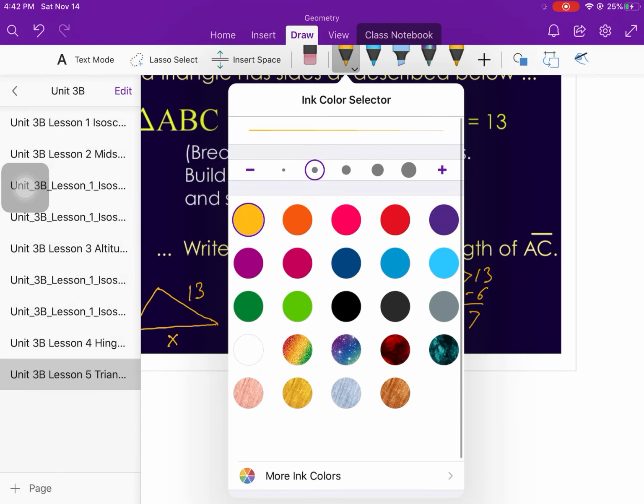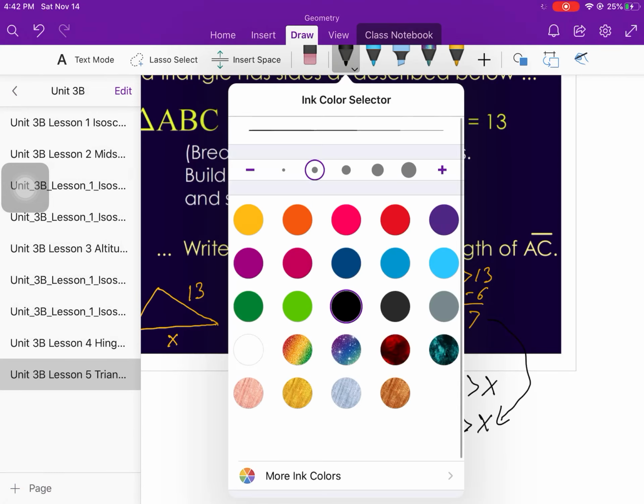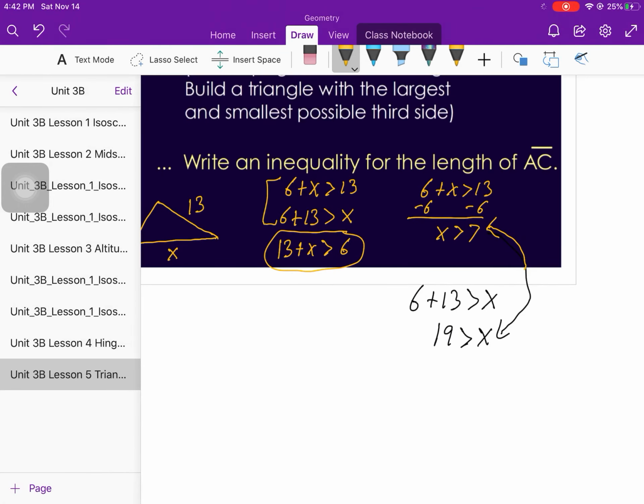Or, let me change my color here so we can see it. 6 plus 13 has to be greater than x, which is 19. Now, if we were going to combine these 2 ideas here with this one right here, x being greater than 7 and being less than 19, that's a 2-part inequality.